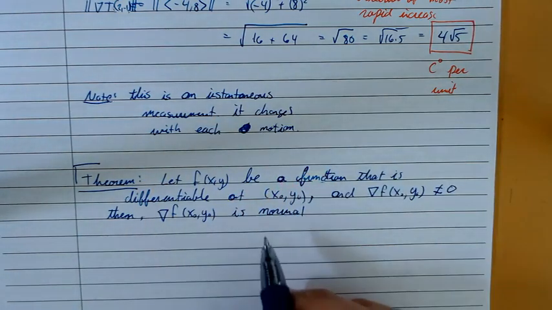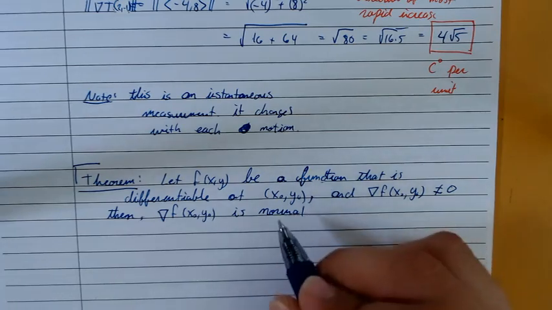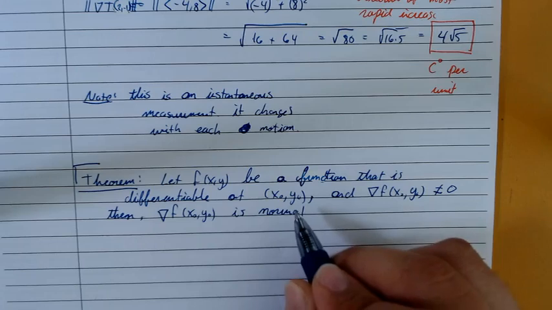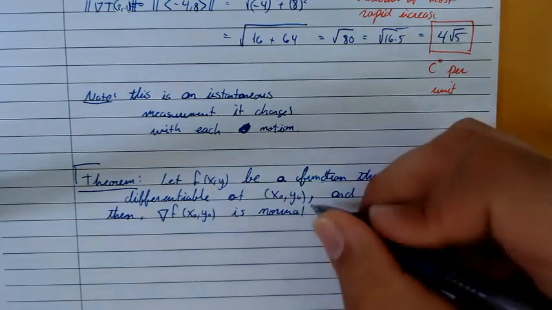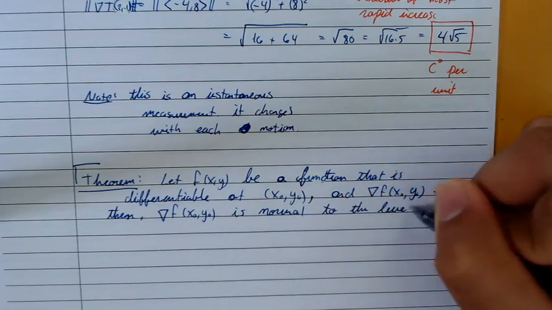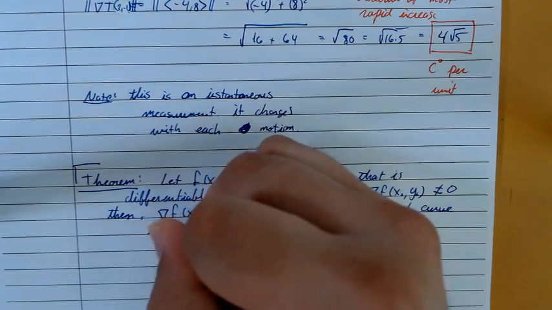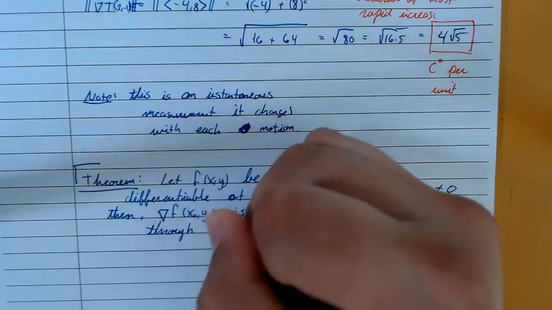Remember the word normal? It's kind of like saying perpendicular or orthogonal to a curve or to a surface. We'll see that when we illustrate it here in a moment. It is normal to the level curve through x naught comma y naught.